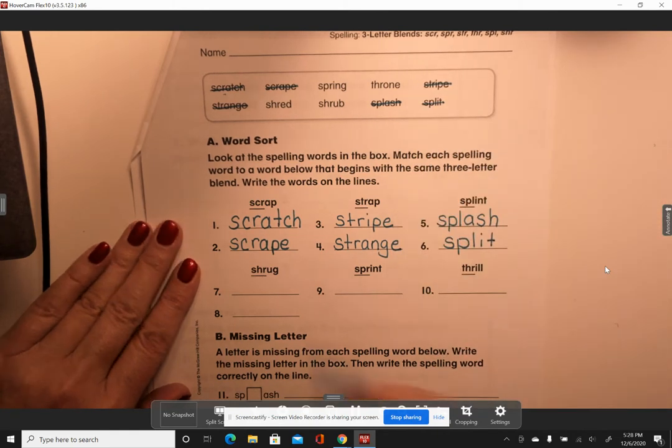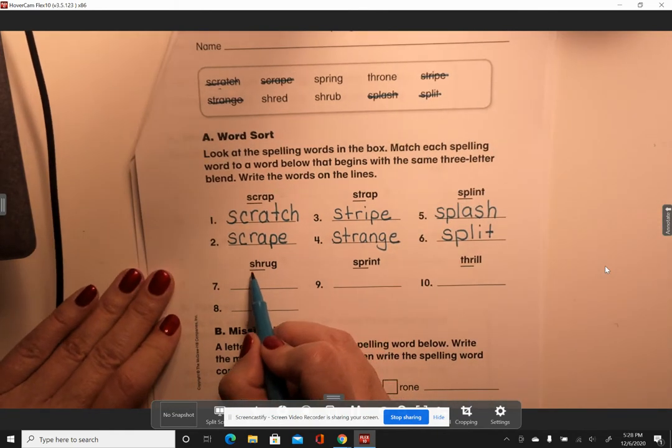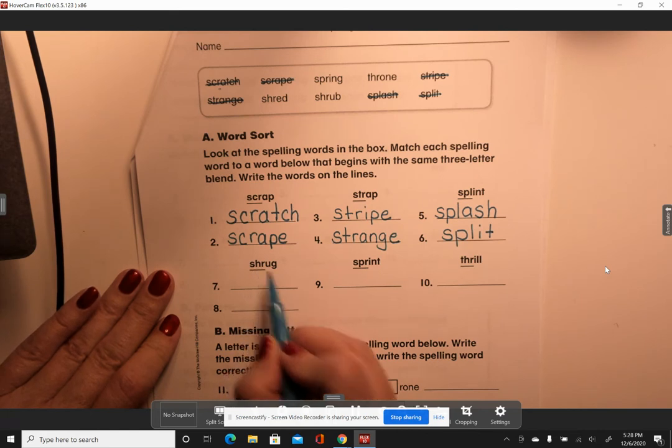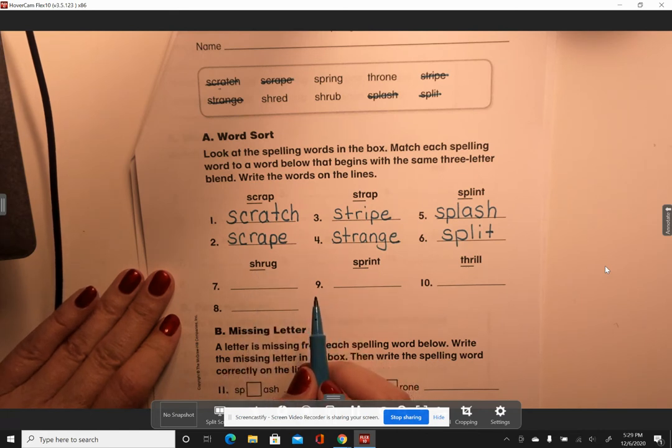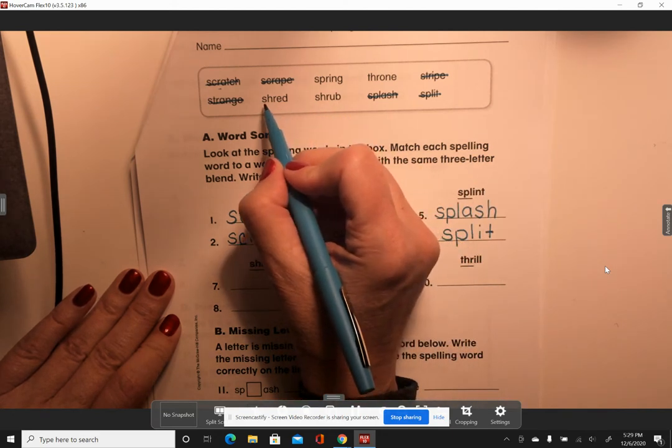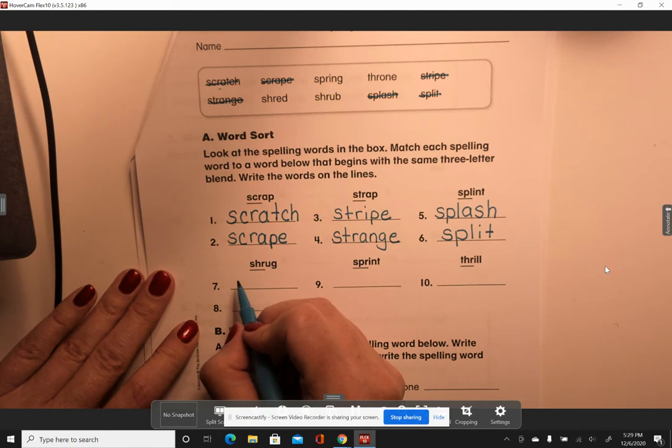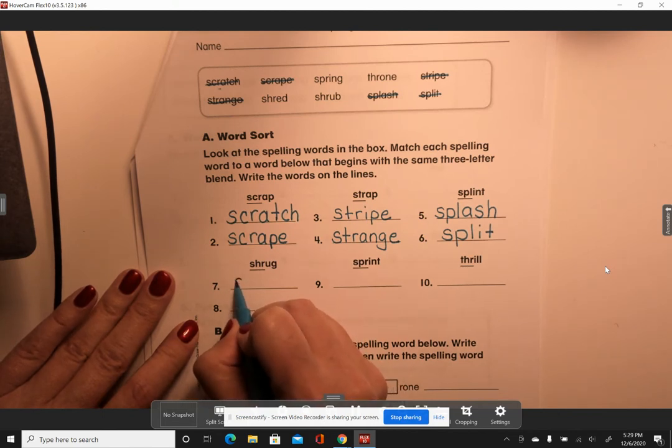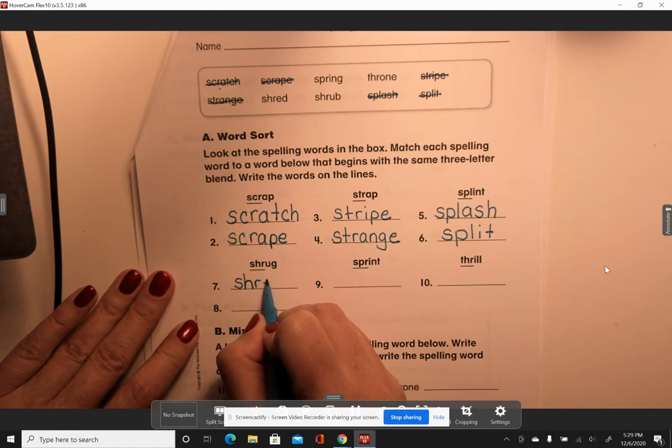split. Now we have shrug, SHR. Do you see a spelling word that starts with SHR? Very good. Shred. Like I will shred the paper into bits. S-H-R-E-D. Look, it has the word red hidden in it.